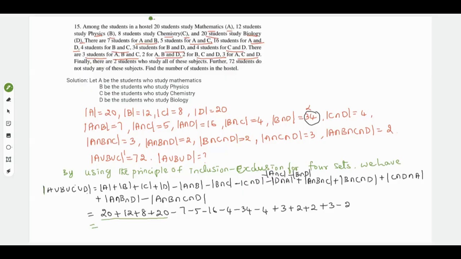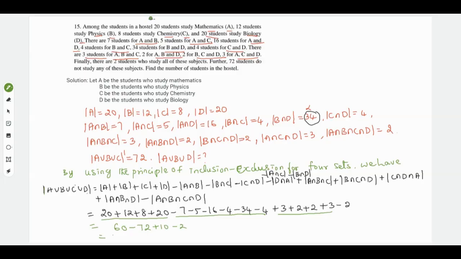Now if you simplify this part, adding them we get 60. 20, 40, 60, minus, if you add this we get 72, then if you add this we get 10 plus 10, then minus 2.